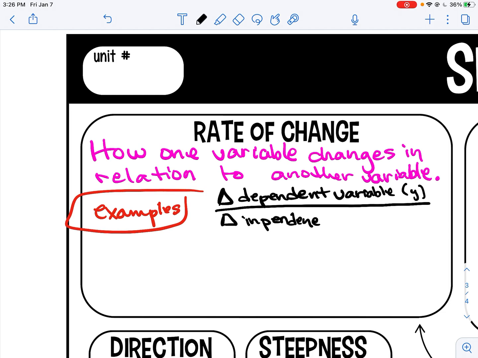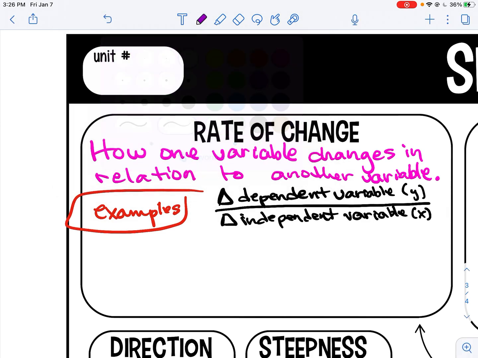Can't spell today. That's really all spelled wrong, isn't it? Let's try it again. Independent. That looks better. X. Okay.